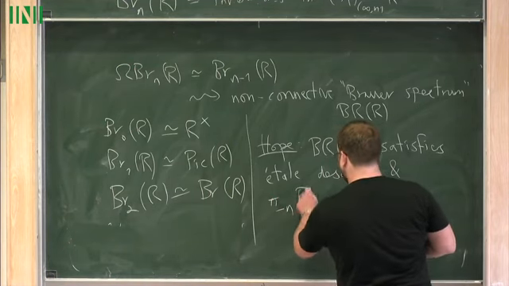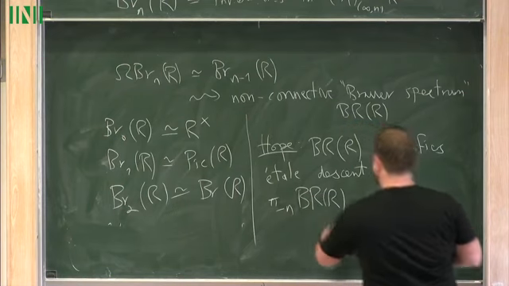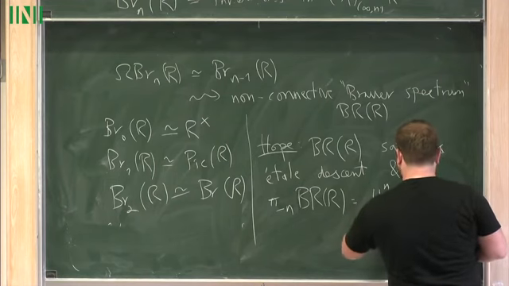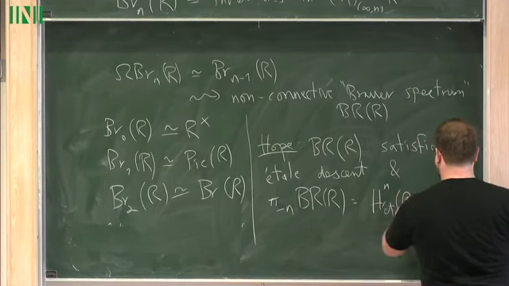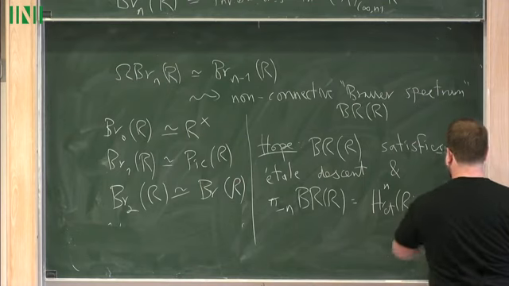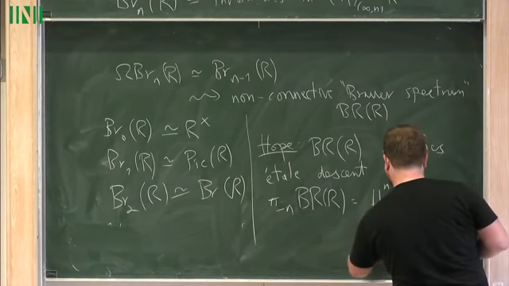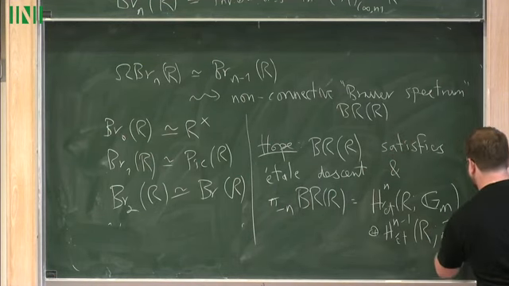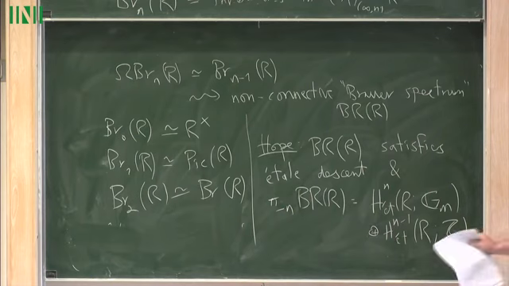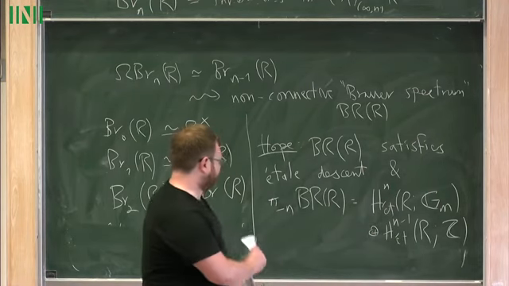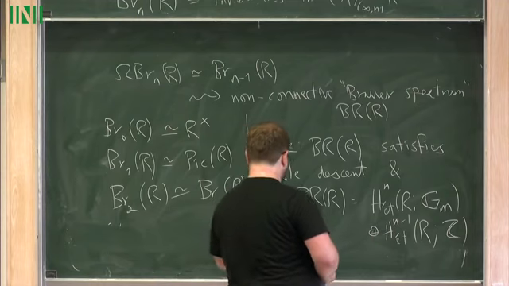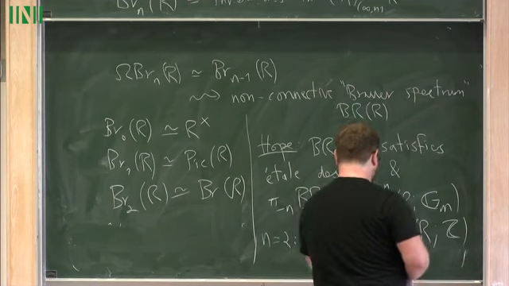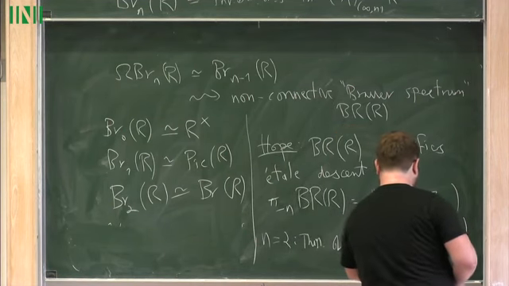And maybe the most optimistic guess is that the minus nth homotopy group for this space would be something like the nth Tal cohomology group of R with coefficients in G_m plus the n minus first group with coefficients in Z. And so for n equals 2, this is actually a theorem due to Toën in the case of characteristic 0, and more generally to Antieau and Gepner.